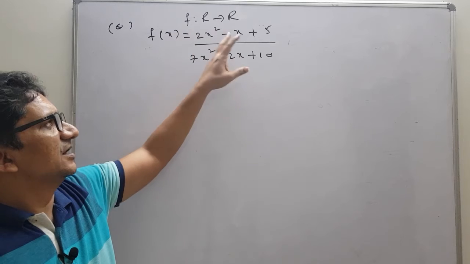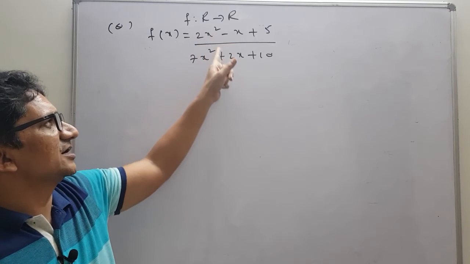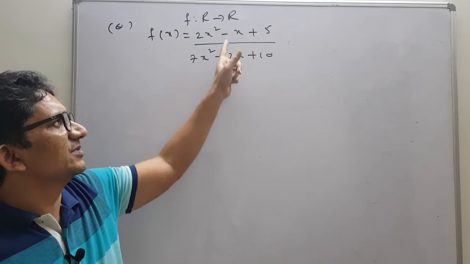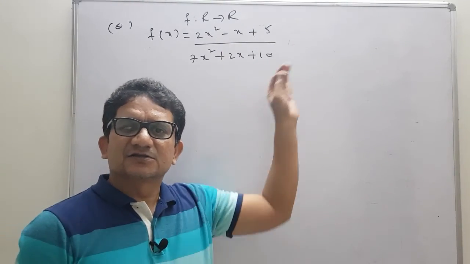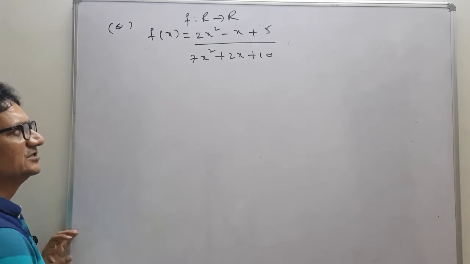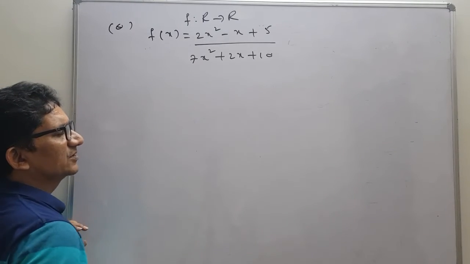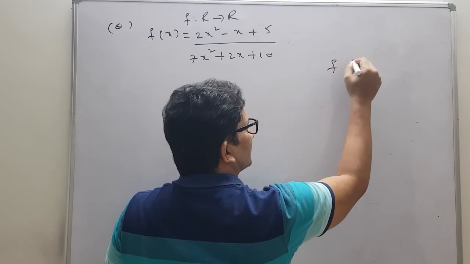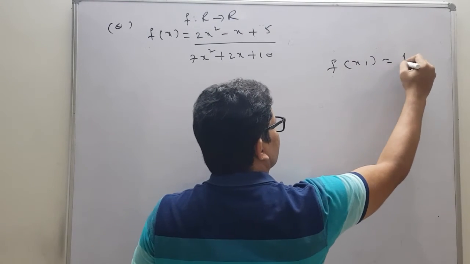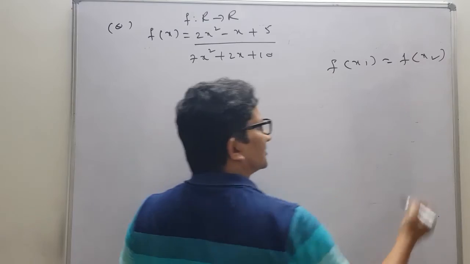Next is what? See, quadratic by quadratic. Quadratic by quadratic means it is many to 1, that we will check, whether it is really many to 1 or not. Okay. So now the board method is this one. We can apply this one. That also is a little lengthy, but still that is f of x1 equals to f of x2.